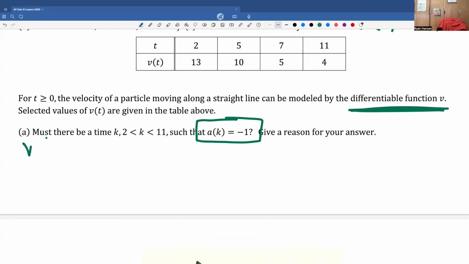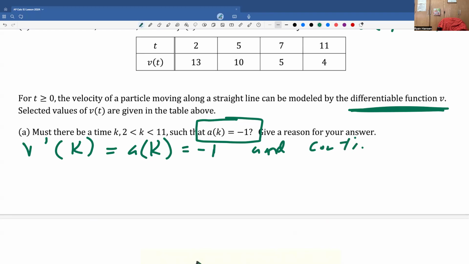So v prime of k equals a of k, which equals -1. And we have continuity, right? And differentiability. Continuity and differentiability, right? So does that mean, can we invoke the mean value theorem?